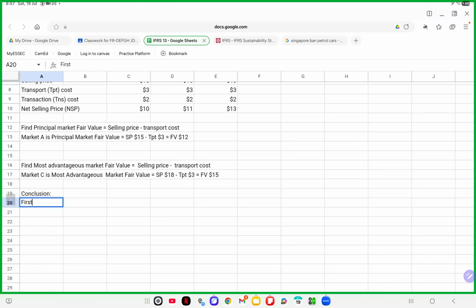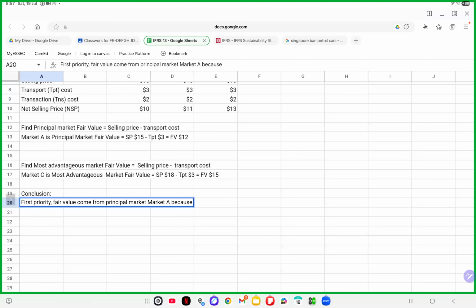Your first priority, first choice: fair value will come from the principal market, which is your market A. If you ask me why, simple.